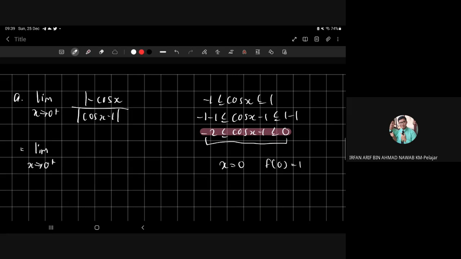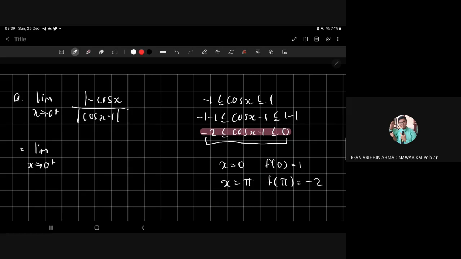So when x is pi, what happens? When x is pi, that will be -2.